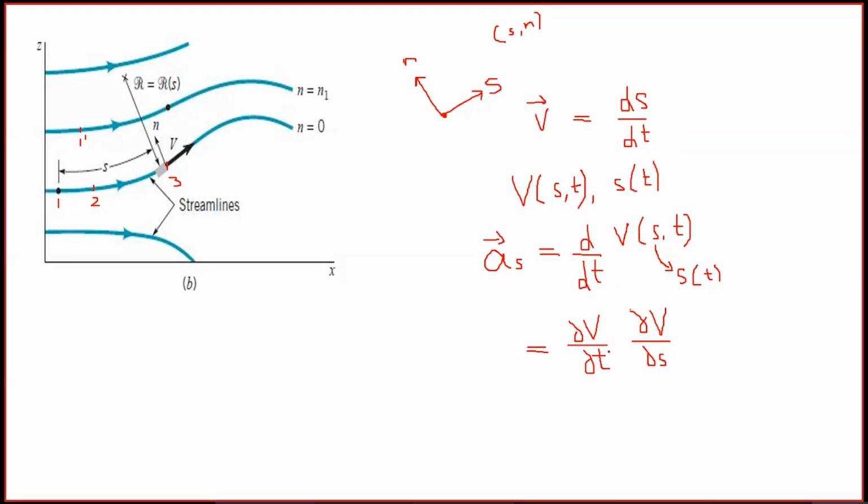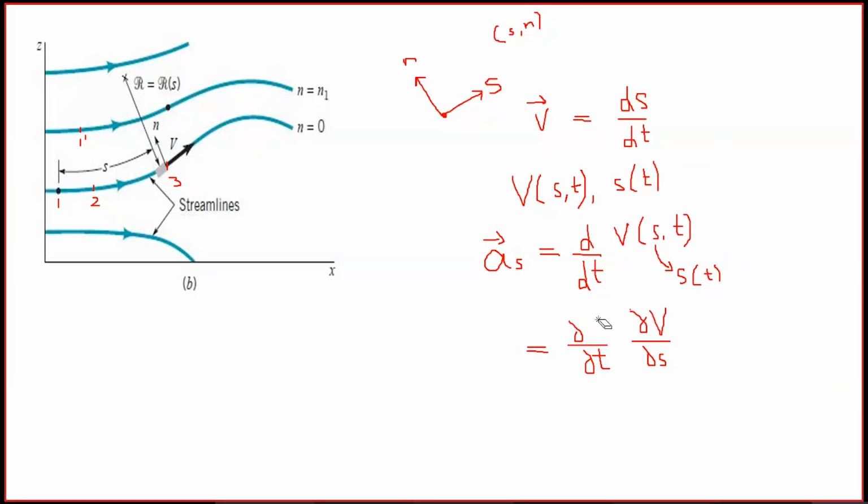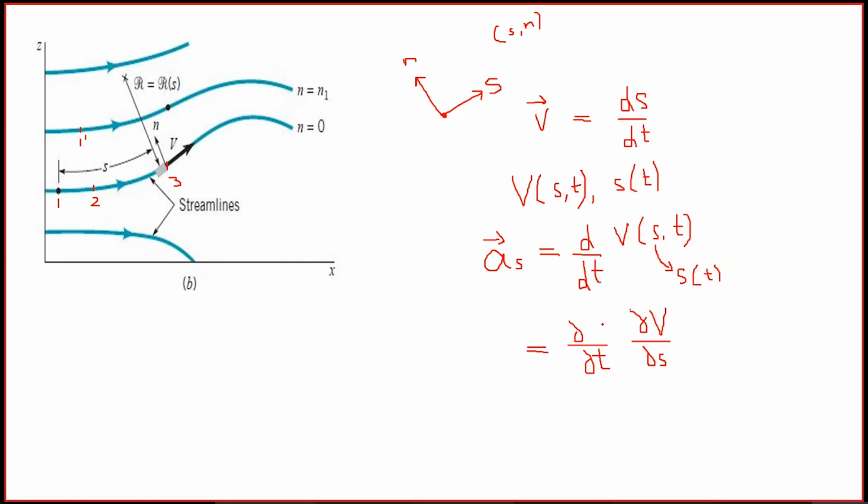Sorry, I was writing, here I've written not the velocity, but the differential of s with respect to time. Here, partial s by partial t into partial v by partial s. Clear? Yeah. So partial s by partial t is basically velocity, and this is partial v by partial s.